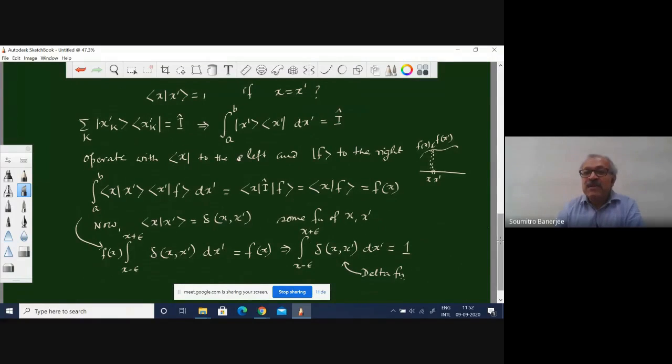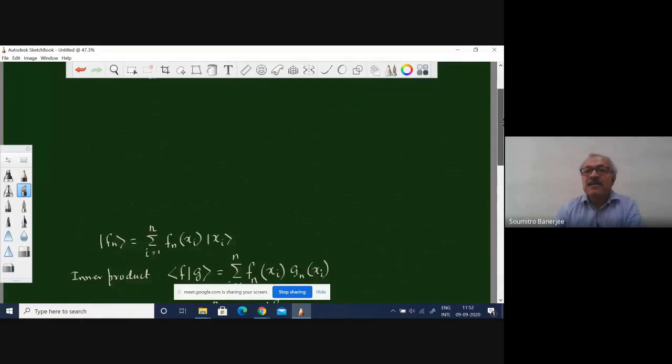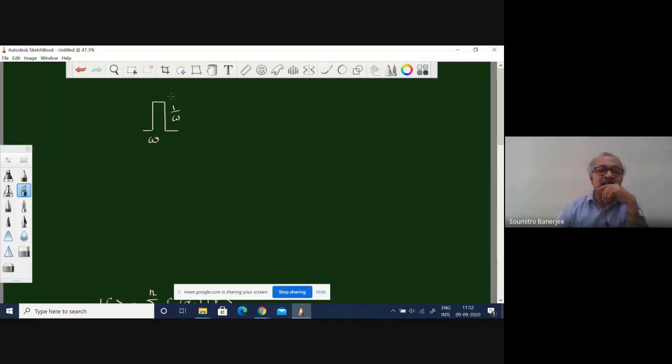So the character of the delta function is essentially such that its integral over a certain range, epsilon, should be 1. This number should be such that its value, if integrated over a certain range, should give 1. But the value itself can go to infinity.